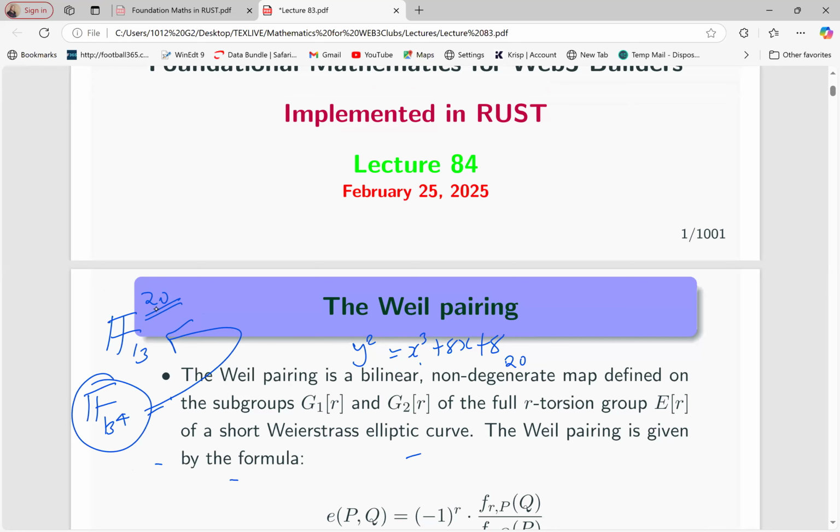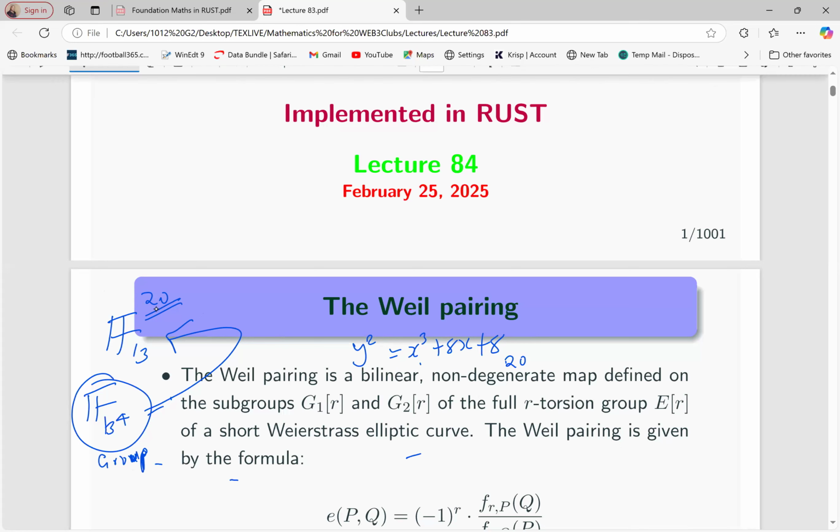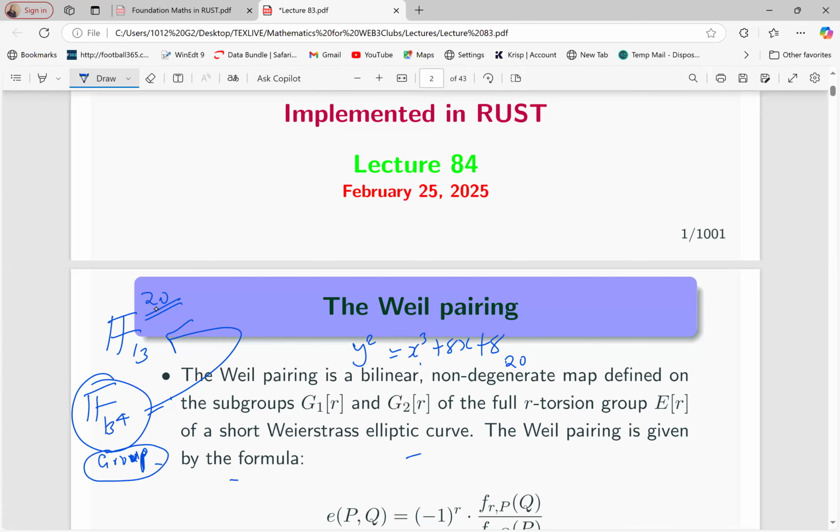The points of this field also form a group. But what we want is not the entire group. We want a subgroup of this group.